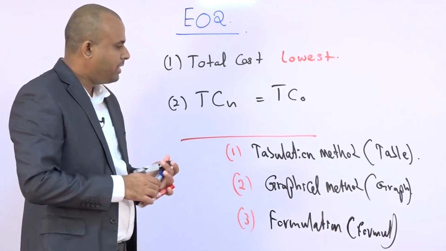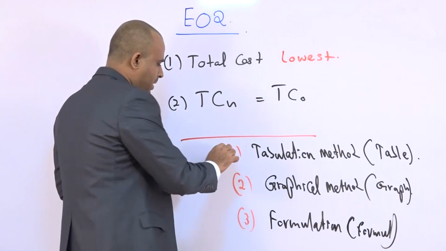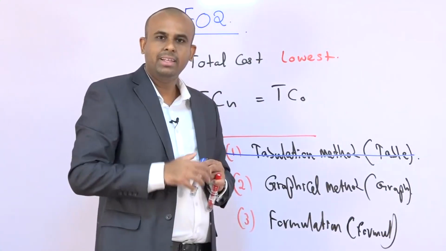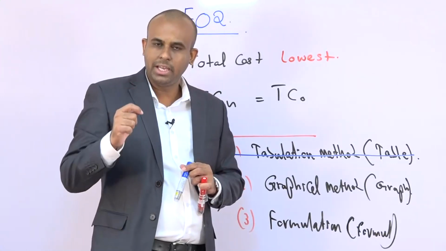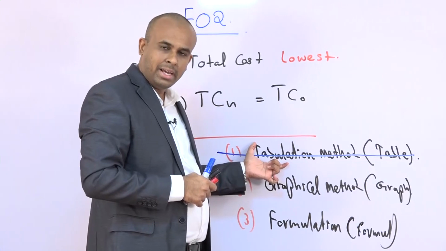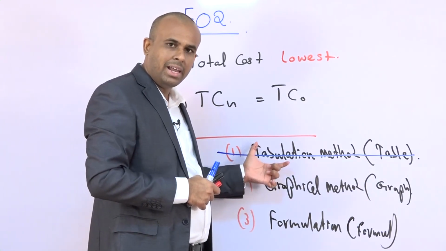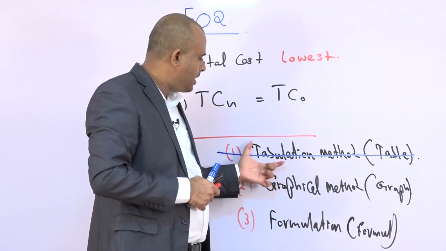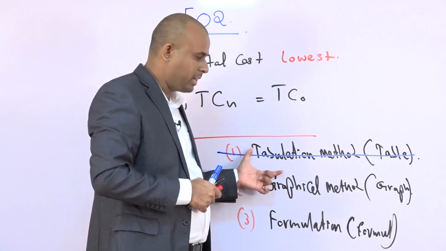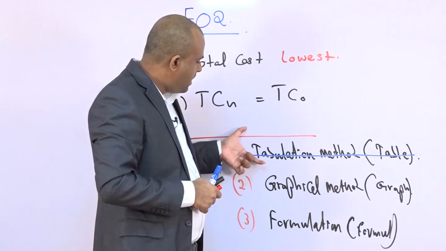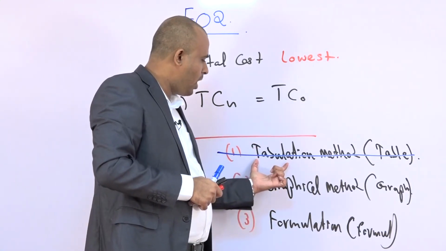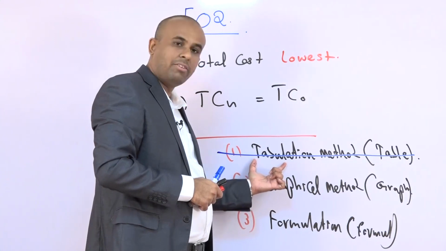Out of these three methods, I am not going to discuss the tabulation method. The main reason is that it will not be available in your syllabus. Second, this is a trial and error method, which is time consuming. But I should say that both the graphical method and the formulation method have been developed on the basis of this.